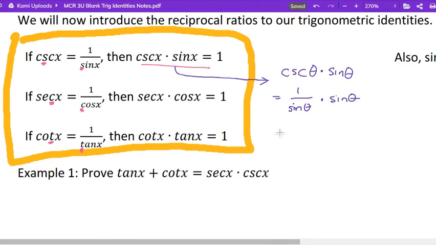This is going to be helpful. And when we multiply these two, we get sine theta over sine theta, which equals to what? 1. So when we multiply the reciprocal ratios, because they are reciprocals, they equal to 1. And that is a tool that we have in our toolbox. So when you are multiplying reciprocal ratios, the reciprocals of each other, they will equal to 1.